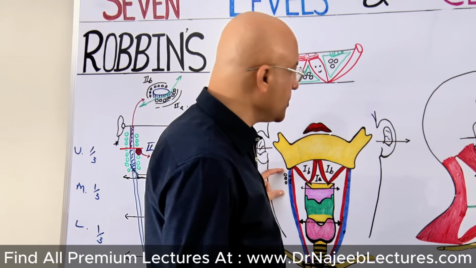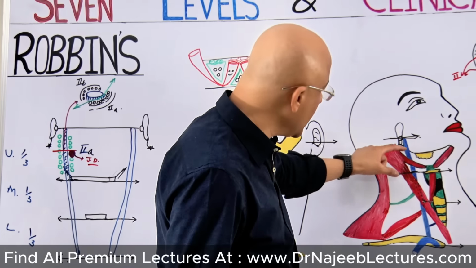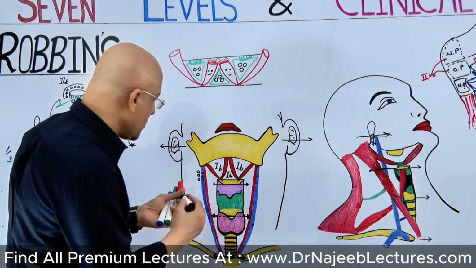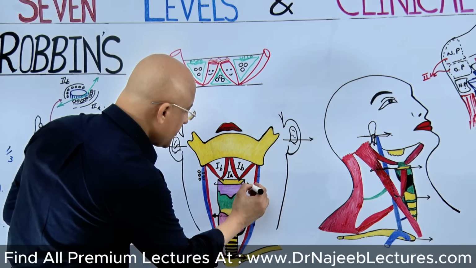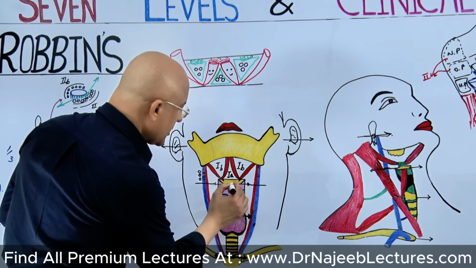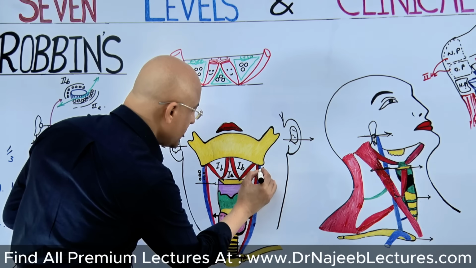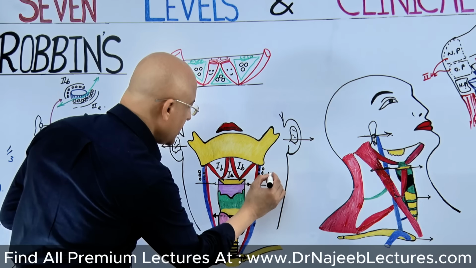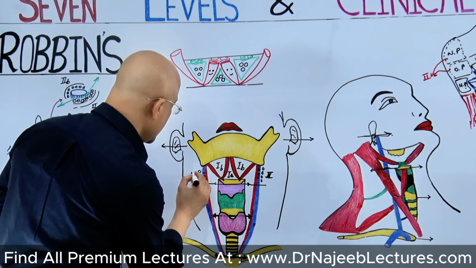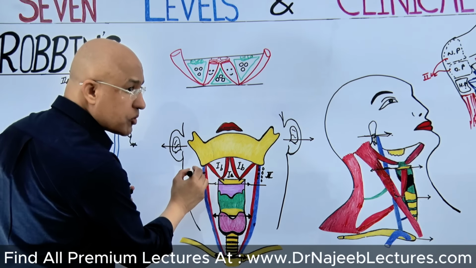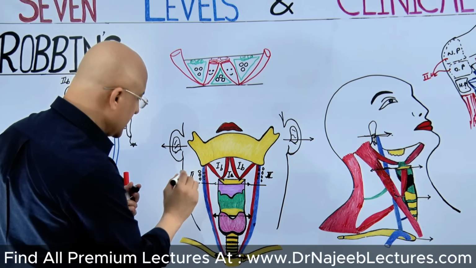And if I ask you in this diagram, here also we can make above the hyoid bone, right? These lymph nodes are level 2. Level 2, of course, they are on both sides, and those which were anteromedial were level 2A, those which were posterolateral were level 2B, right?